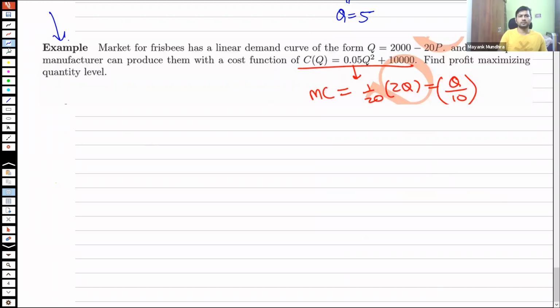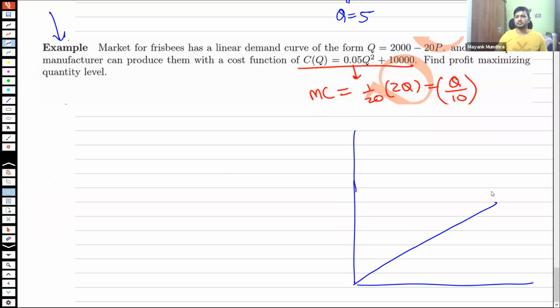So now I have this marginal cost function, which is Q by 10, so I can just plot it here. This is marginal cost, which is Q by 10. And the inverse demand was P equals 100 minus Q by 20.